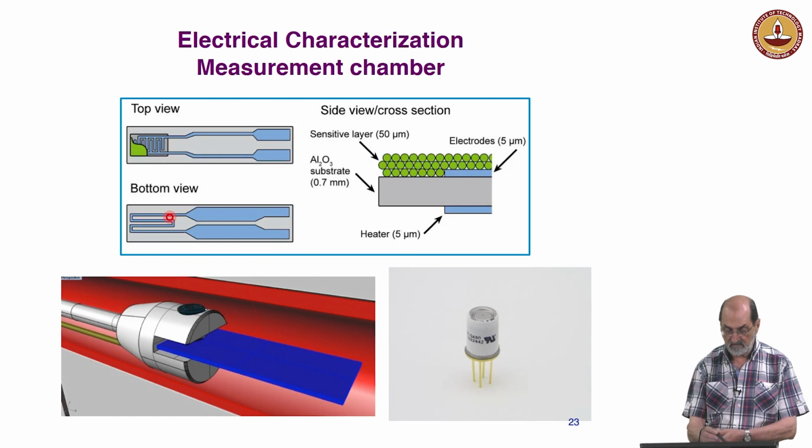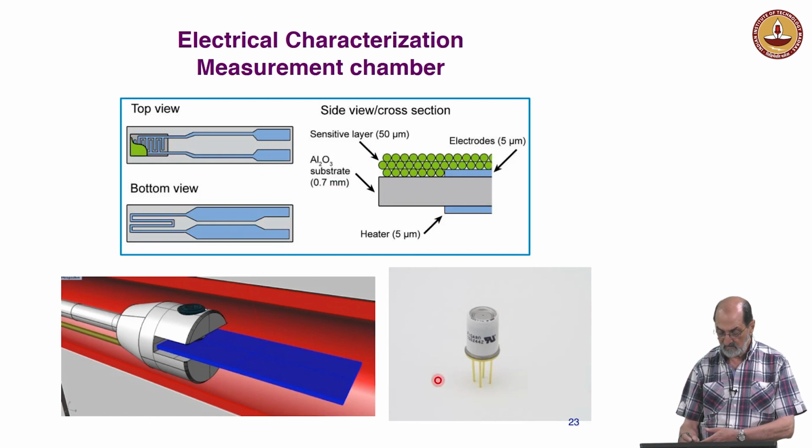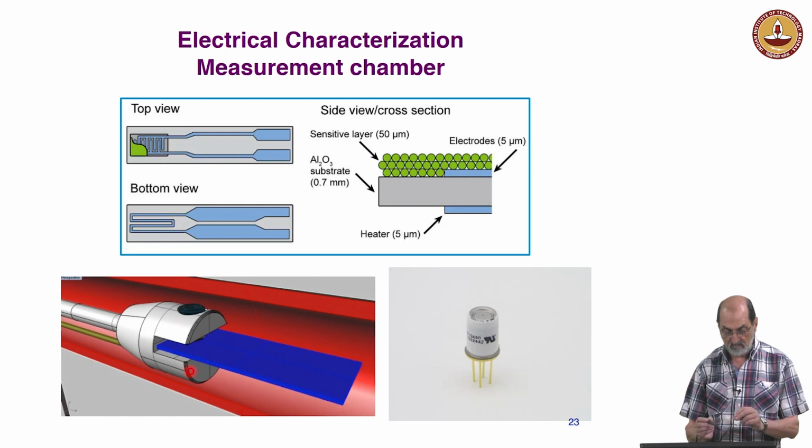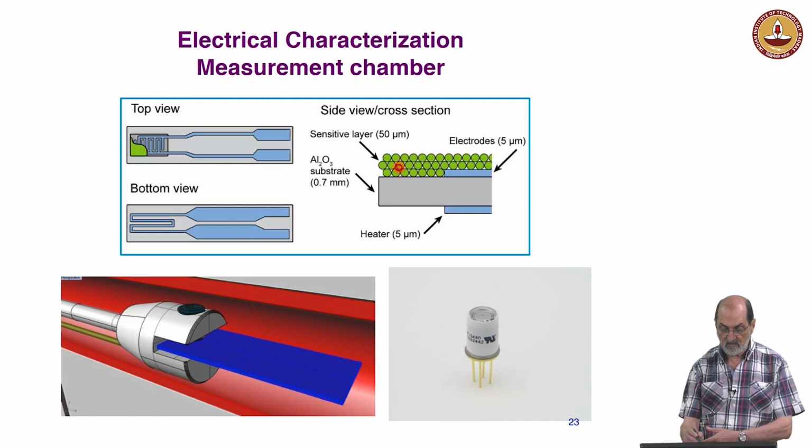All this is within a commercial sensor. Here we have a detail of how we make contact with the sensors we made. This is usually very thin, because we need the gases to be able to diffuse there. That's another reason to work at high temperature with these devices.